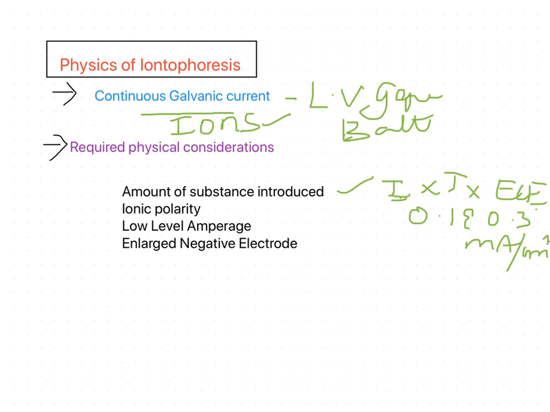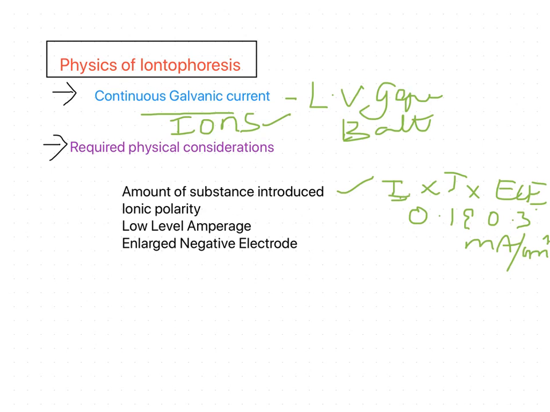Once subdermal, the ions introduced recombine with existing ions. Normally inside the tissue or inside the bloodstream we have different ions. So with existing ions and radicals floating in the bloodstream, they form the necessary new compounds for favorable therapeutic interactions. That is about ionic polarity.